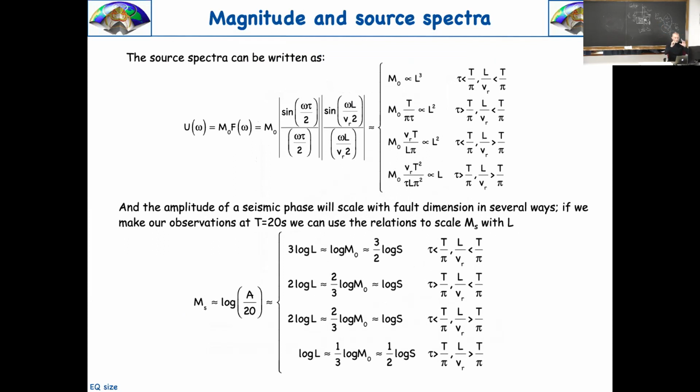Now, the first panel is coming exactly from our old lecture. The source spectrum average with geometrical spreading and radiation pattern is M0 times a function that is the product of 2 sinc functions. You do remember that, I hope.